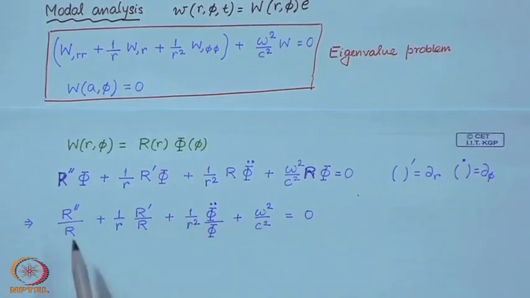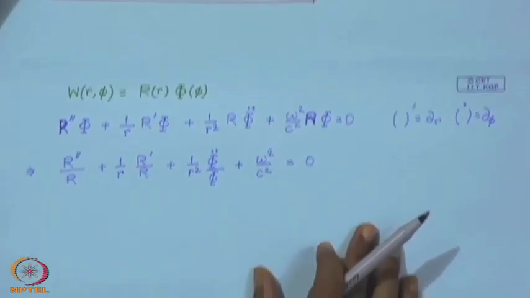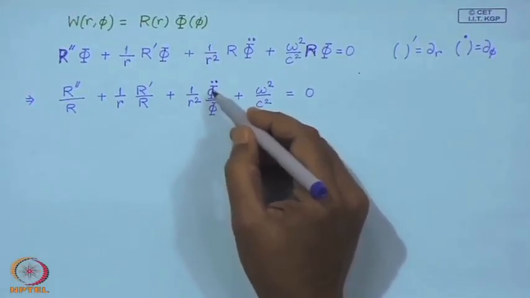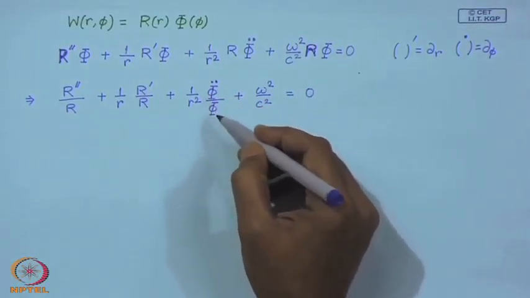Now, you see that this capital R is only a function of the coordinate r, while capital Phi is only a function of the coordinate phi.